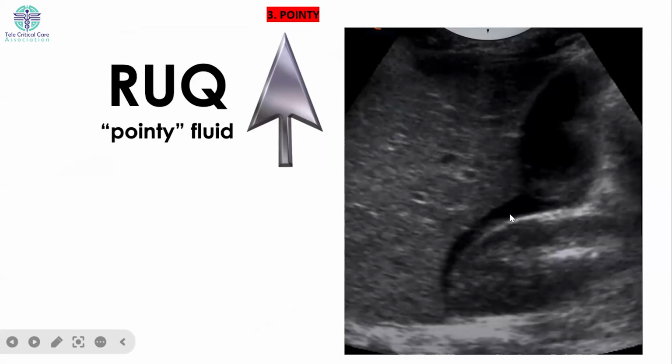The differentiating point is that this kind of fluid will be slightly pointy. Now, I have not seen it, but it is mentioned in literature. So you should be aware of right upper quadrant false positive in a large gallbladder.